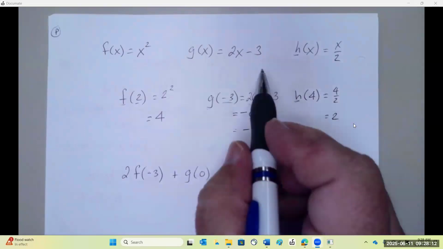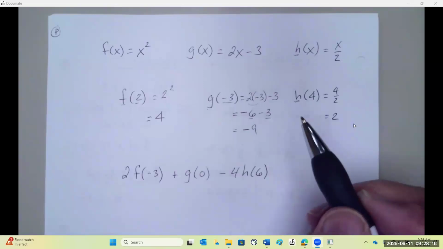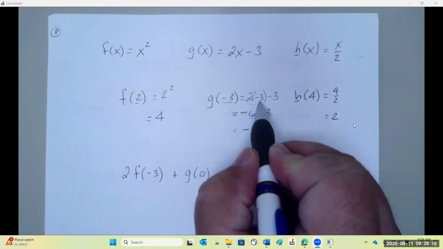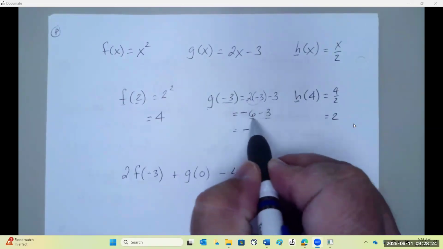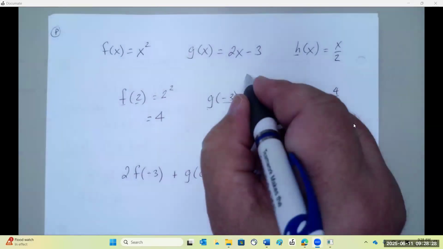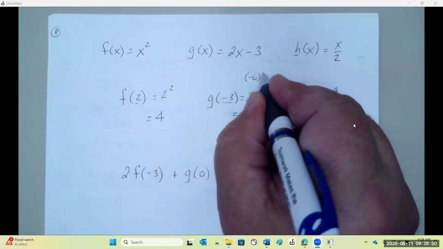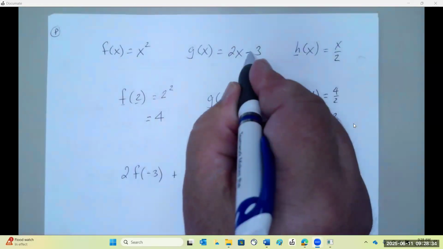You got a negative. Something negative, that's positive 2 times -3. So positive times negative is a negative. This is not multiplication. This is subtraction. It would be multiplication if I had -6 times -3. But it's a subtraction problem.